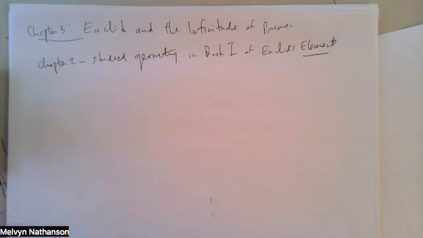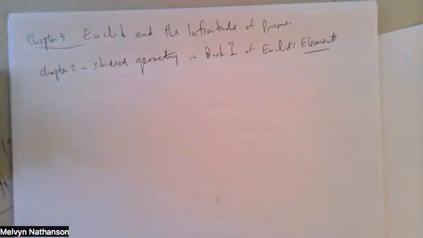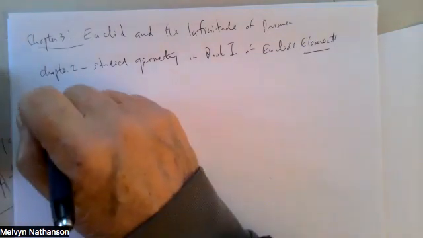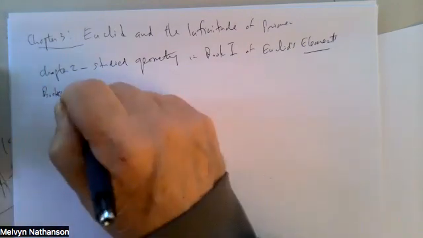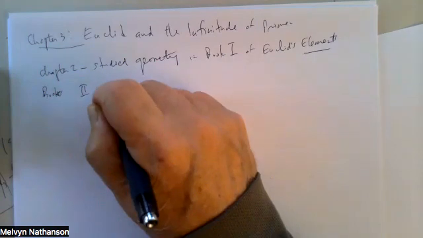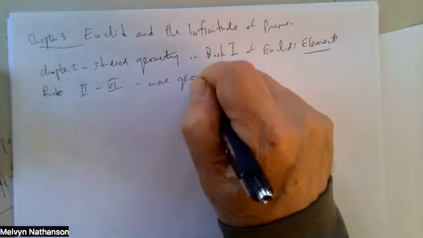We'll say a little bit in this chapter about the next books in Euclid's Elements. It's divided up into sections. We might call them chapters, but in Euclid, the classical terminology is books. Books 2 to 6 have more geometry.